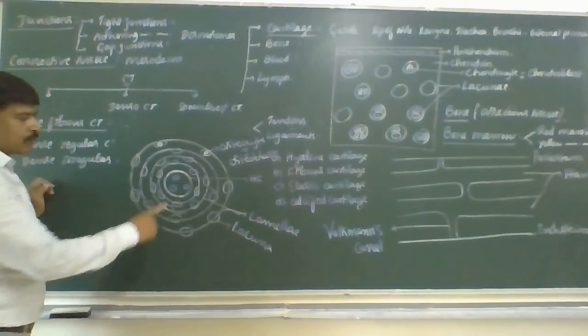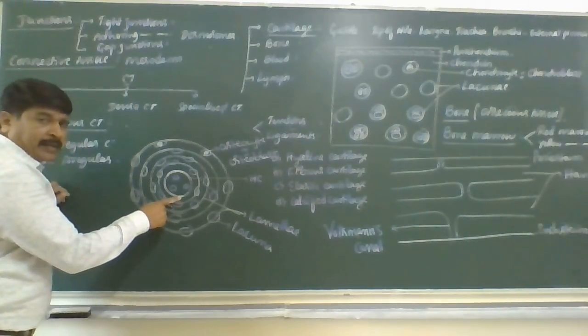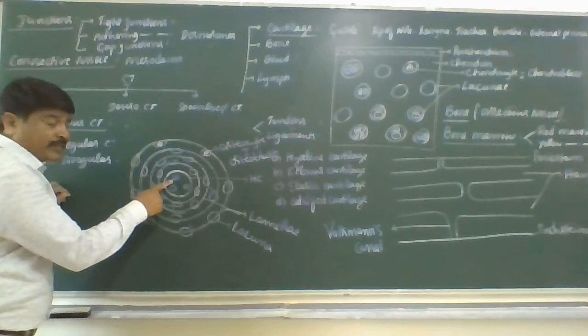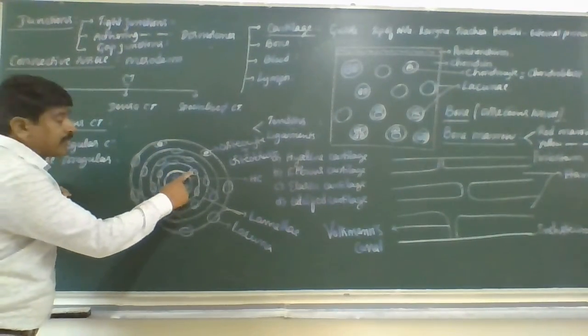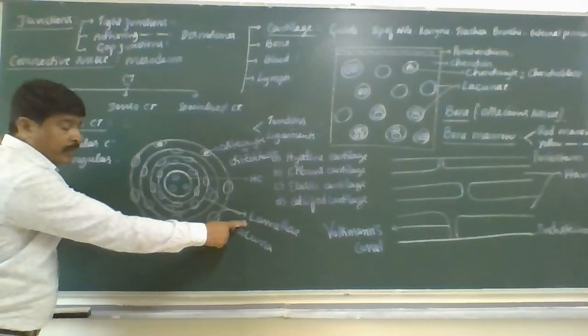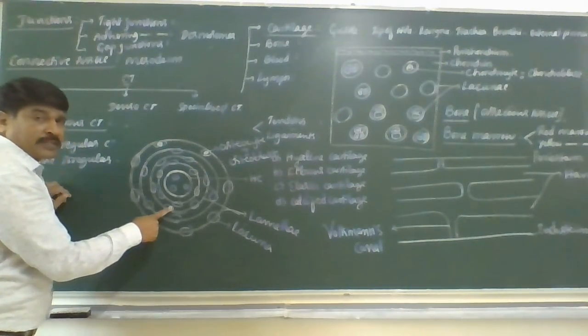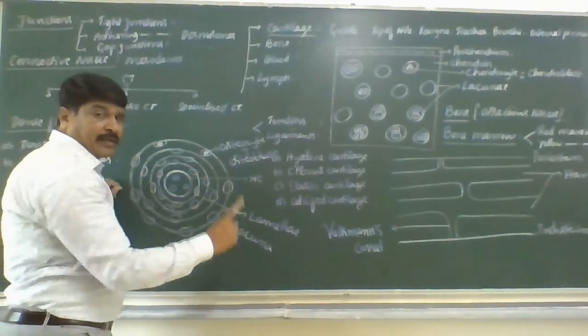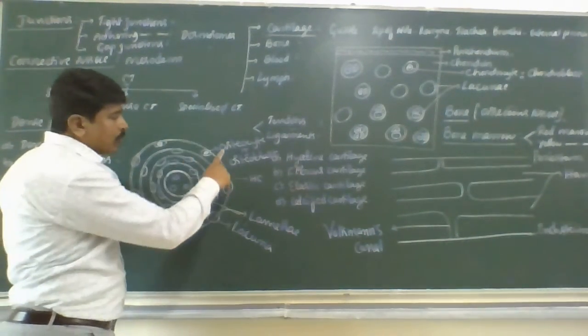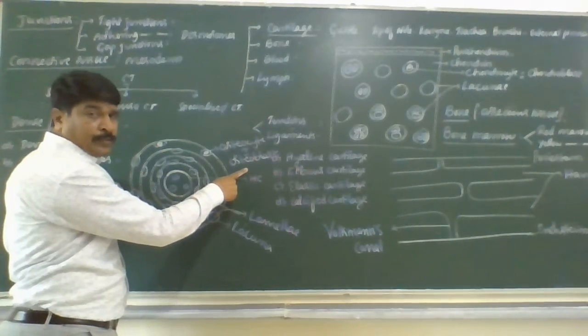Clear? So this is the Haversian canal. It contains a branch of blood vessel, lymphatic vessel, and nerve. It is surrounded by 2 to 40 concentric circles, lamellae. Irregularly distributed spaces present in the lamellae are called lacunae. Each lacuna contains a single bone cell. Osteocytes are also called osteoblasts.